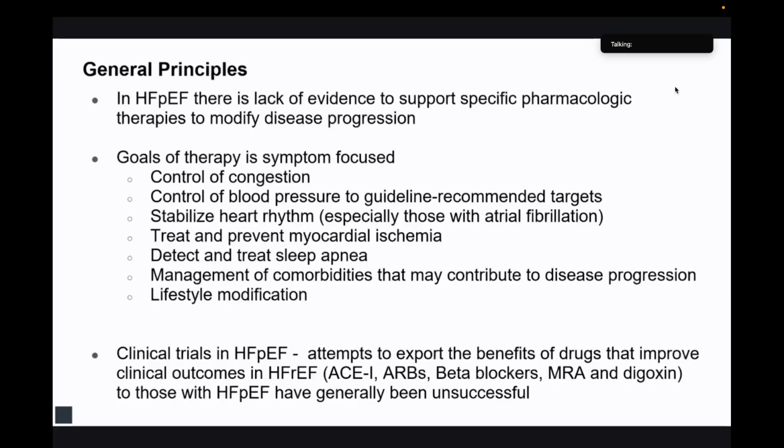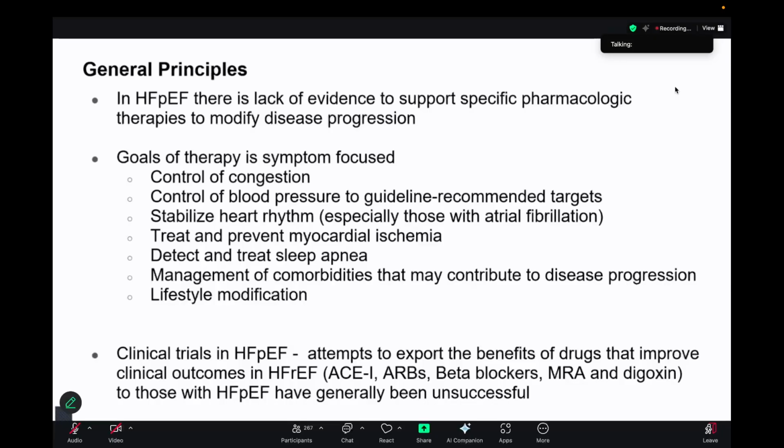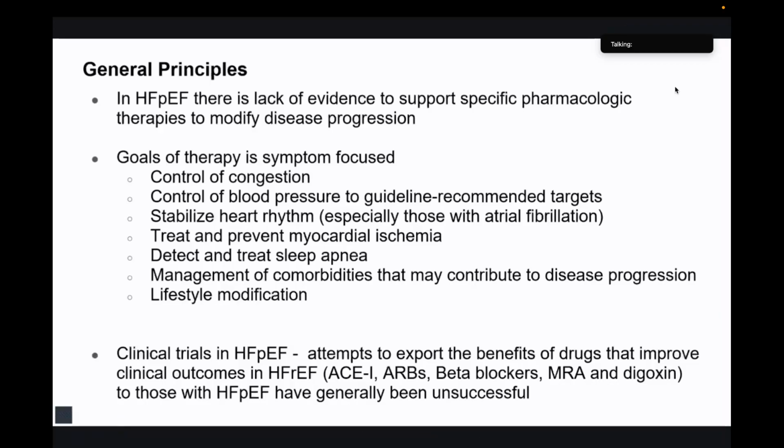For clinical trials in HFpEF, the attempts to exploit the benefit of drugs that improved clinical outcomes in HFrEF patients have been unsuccessful when done on HFpEF patients. Hence, it is actually hard to treat HFpEF patients in terms of what actual drugs to give them.